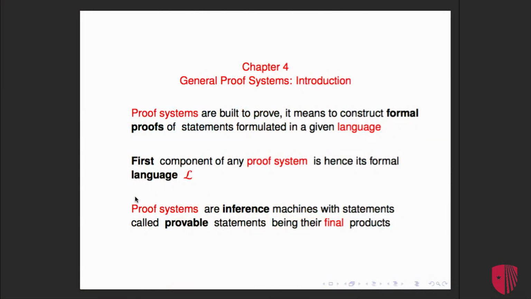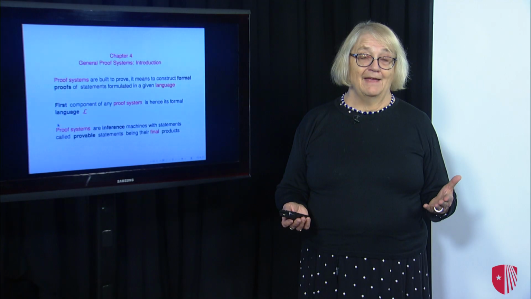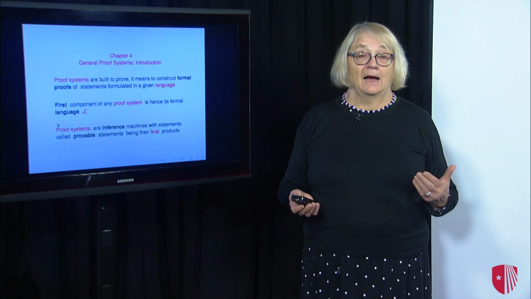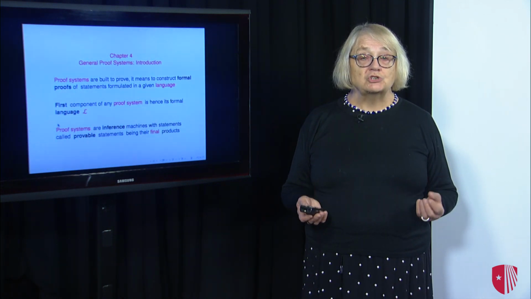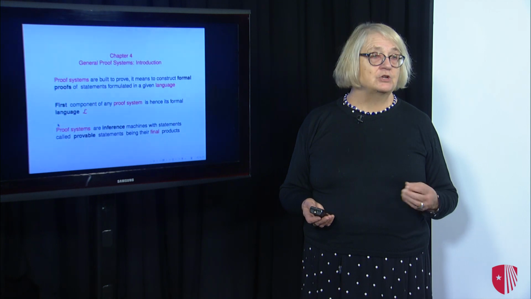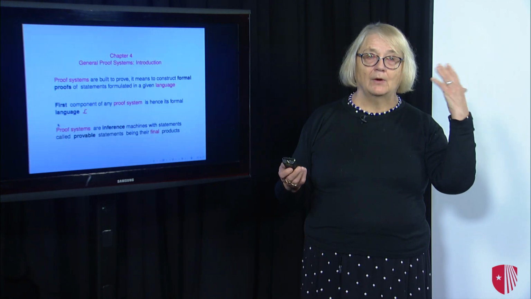So slide 1, introduction. So what is a proof system? Proof systems are built to prove. It means how to construct a formal proof. It's not like proving in your head.